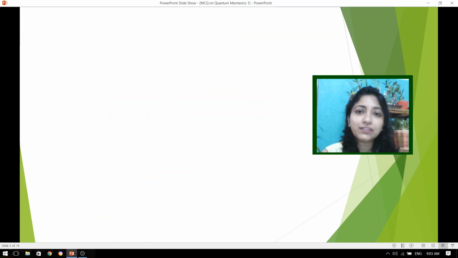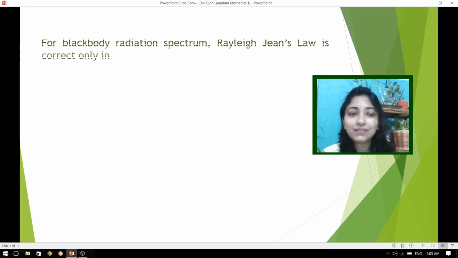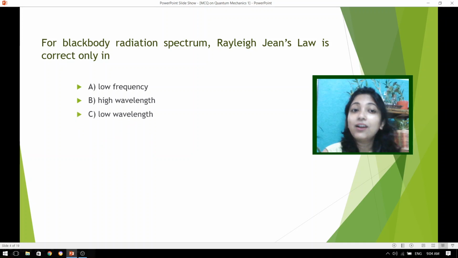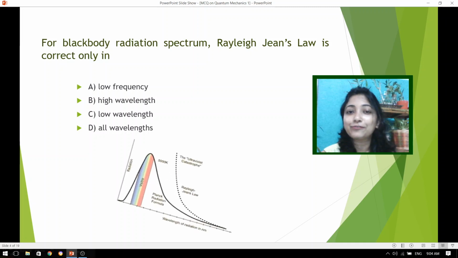Moving forward with a similar question. For the blackbody radiation spectrum, Rayleigh-Jeans law is correct only in low frequency, high frequency, low wavelength or all wavelengths? Once again, let us take the help of a graph.